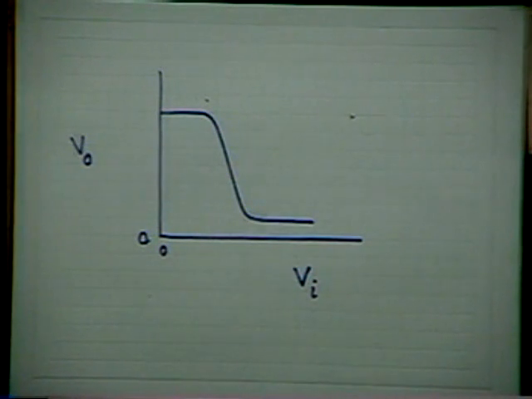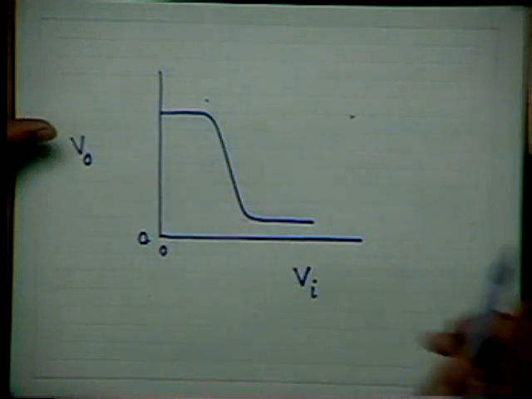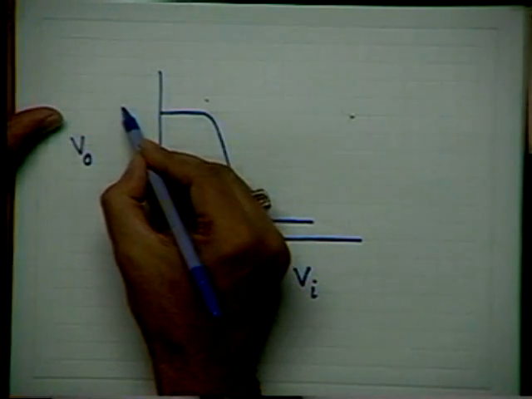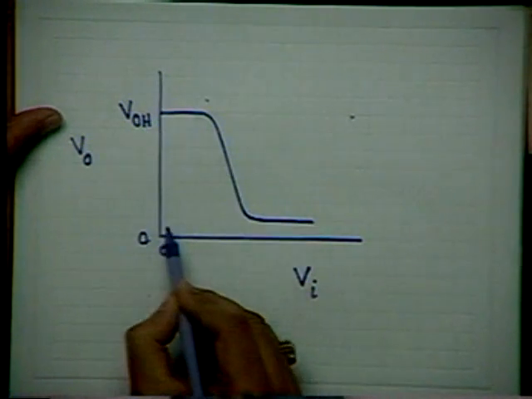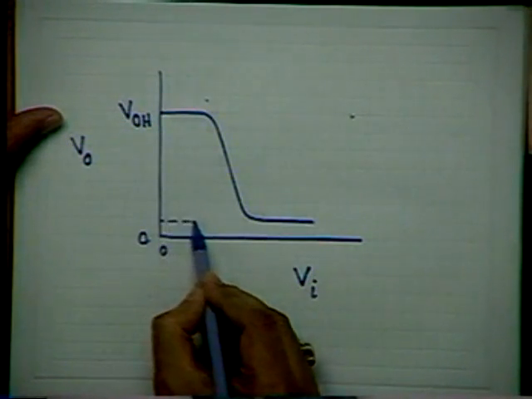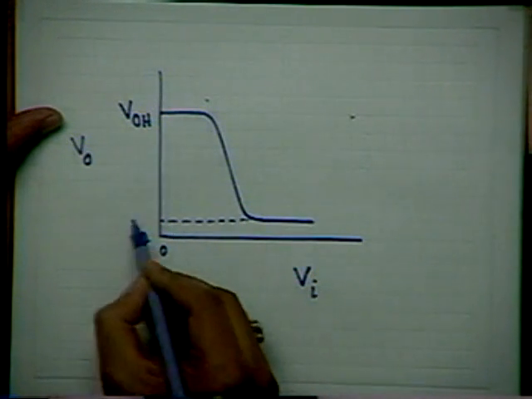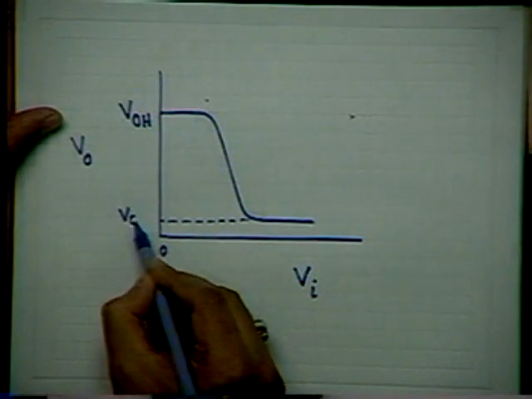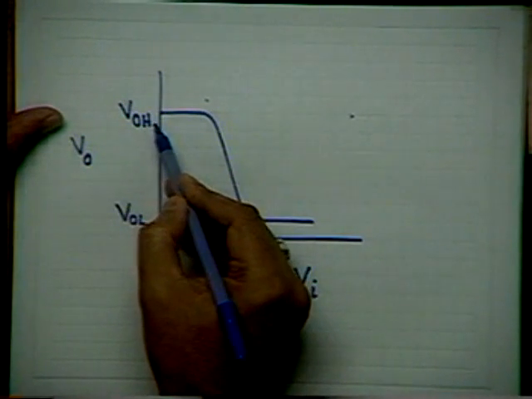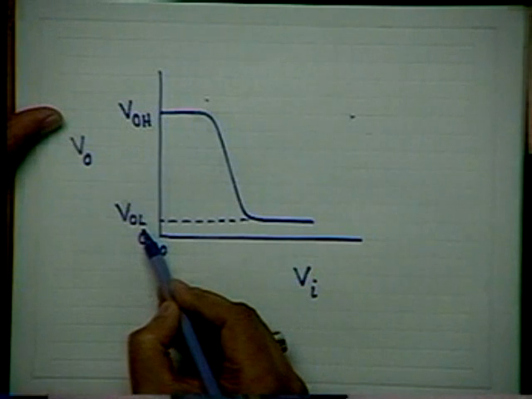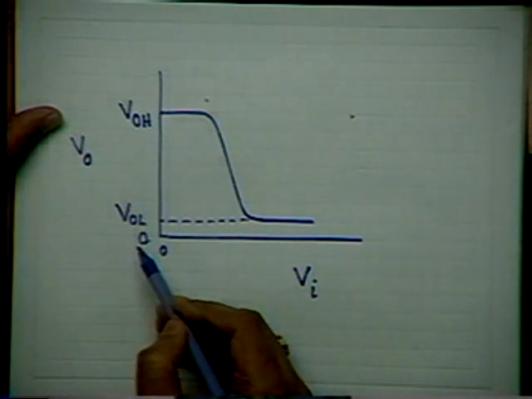We expect this because this is basically an inverter. This voltage you can call VOH, and this voltage you can call VOL, H standing for high state and L standing for low state, 0 and 1.